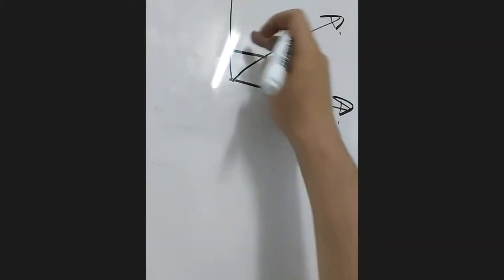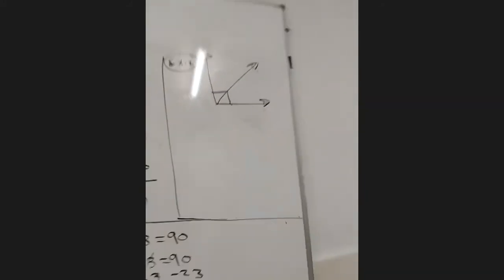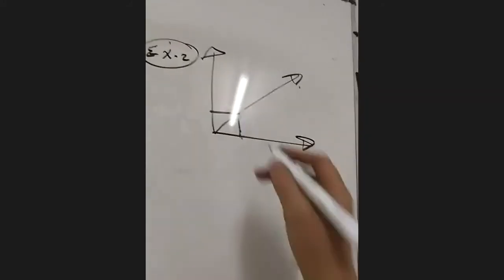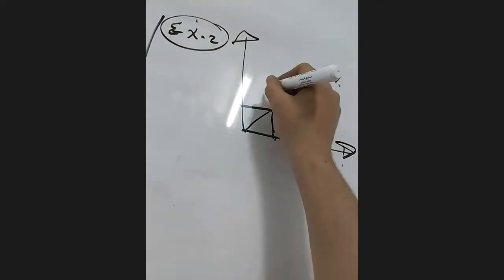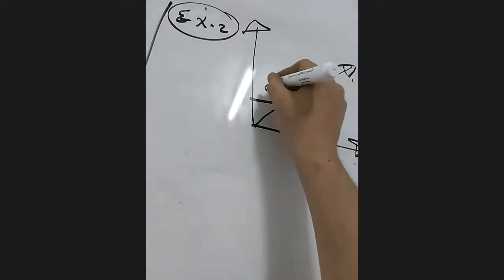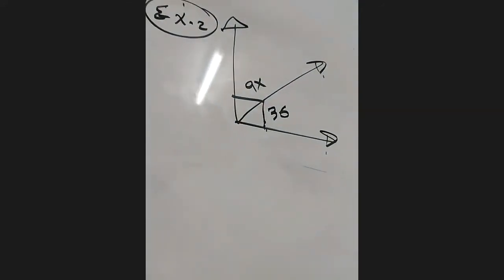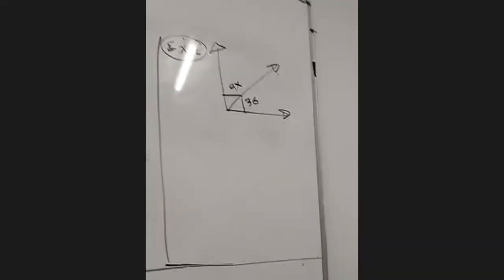The given two angles are 36 and what, guys, here? 9x. They want us to find the value of x.